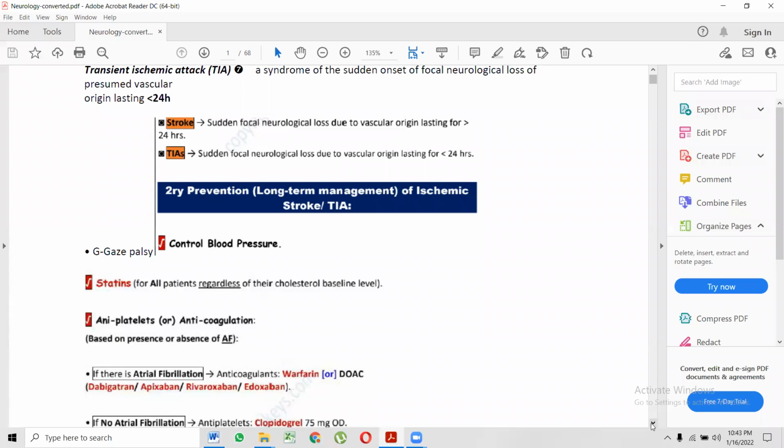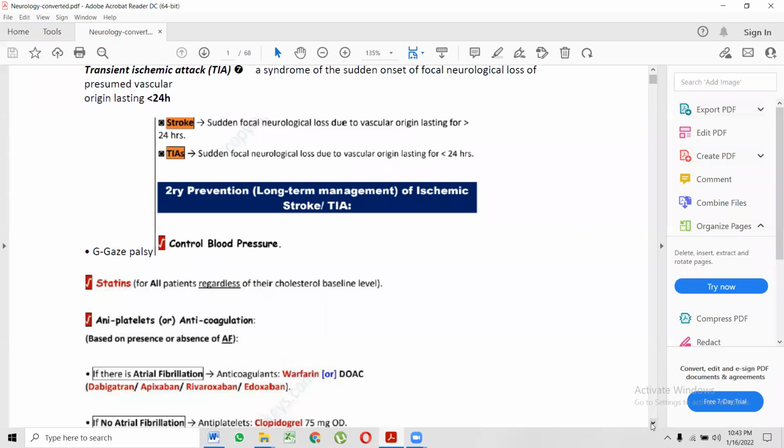So the acute management of stroke is, if someone presents to you with focal neurological deficit, which is sudden in onset, then the first thing that you need to do is CT scan of the brain.